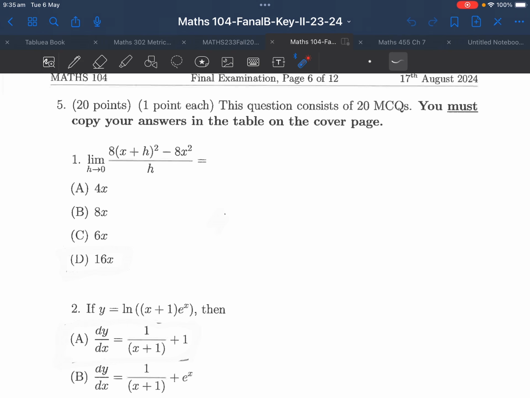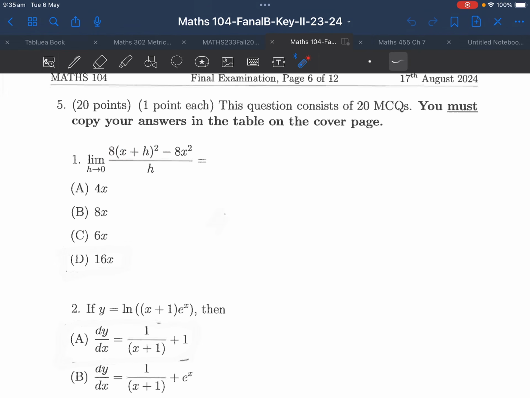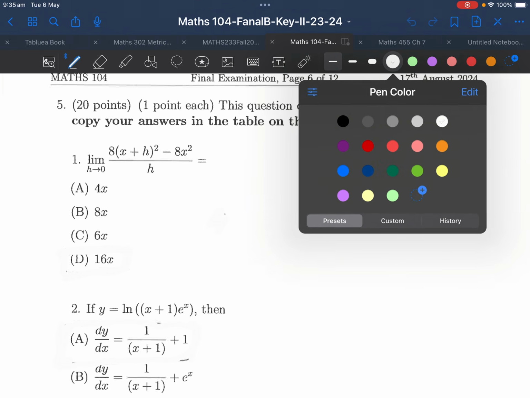So for the first question, I need first of all to expand this bracket square. Remember to expand this one. This is like (a plus b) all squared, which is a squared plus 2ab plus b squared. We expand it the same way we did in the class.